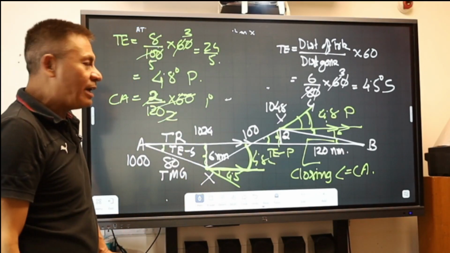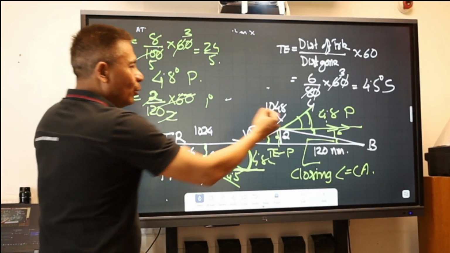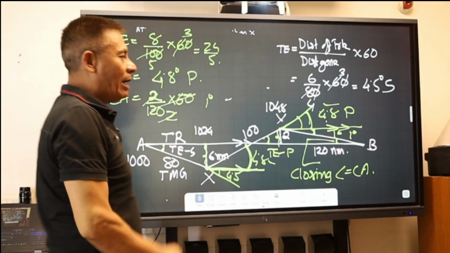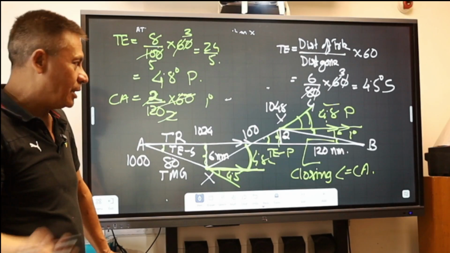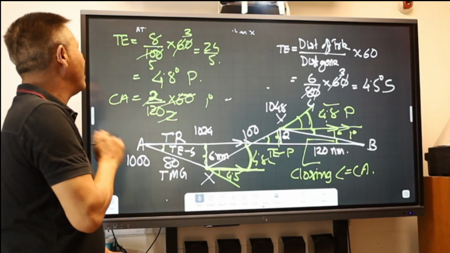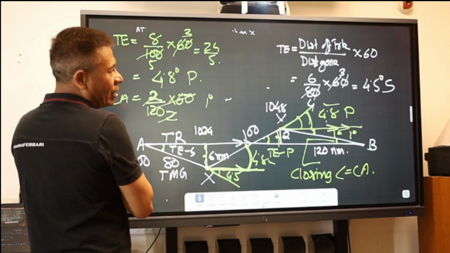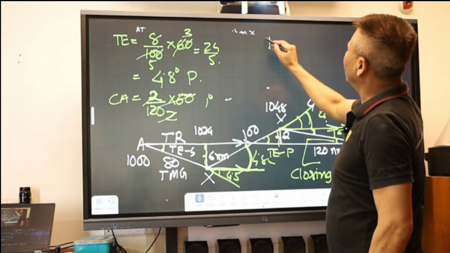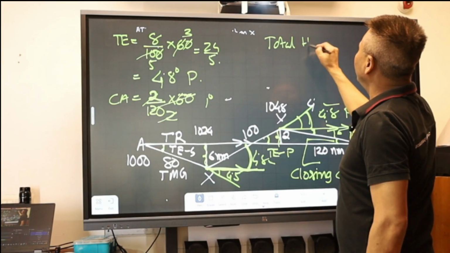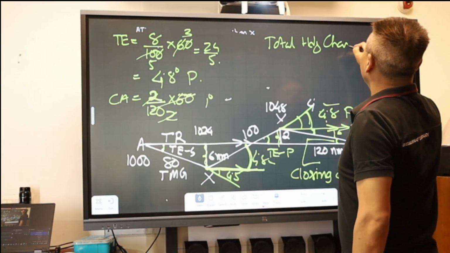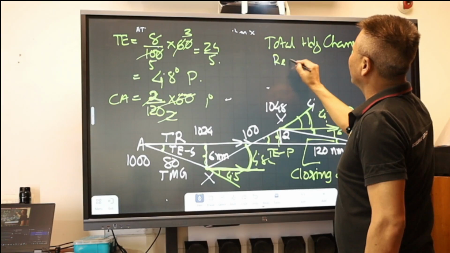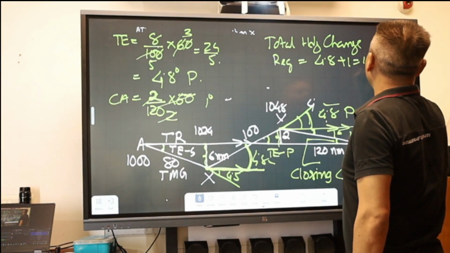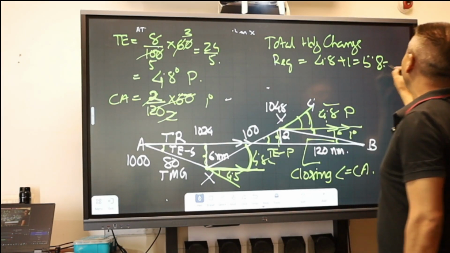Now if I turn a total of 4.8 plus 1 degree, then I will come back to position B. So therefore the total alteration of heading required is equal to 4.8 plus 1 is equal to 5.8, which can be rounded up to 6 degrees.